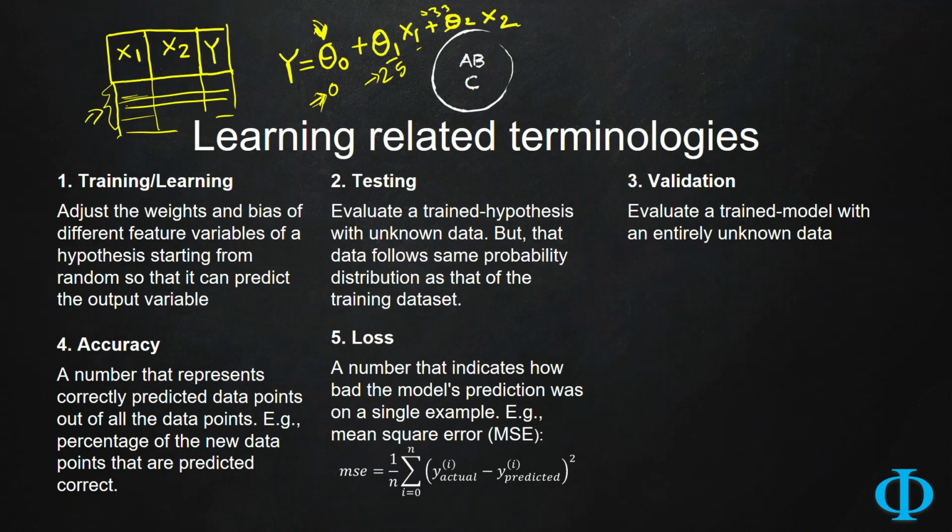So the learning process is nothing but starting these weights and biases from random places and then readjusting them based on the data, based on analysis of the data.